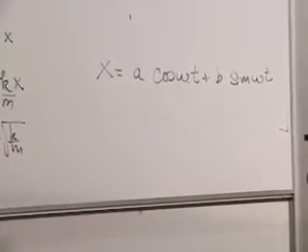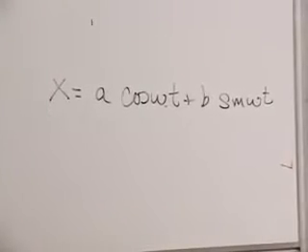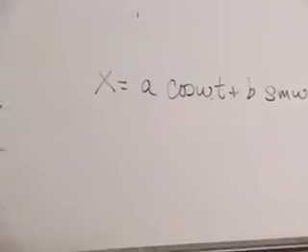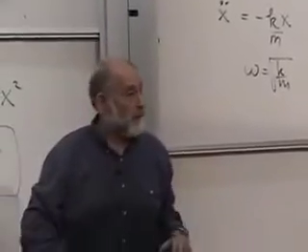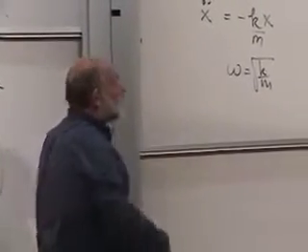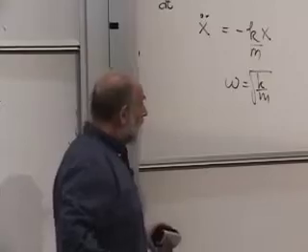Any function of this form will satisfy this equation if omega is equal to the square root of k over m. You can check that. Each one separately does, and if you add them together, they do.